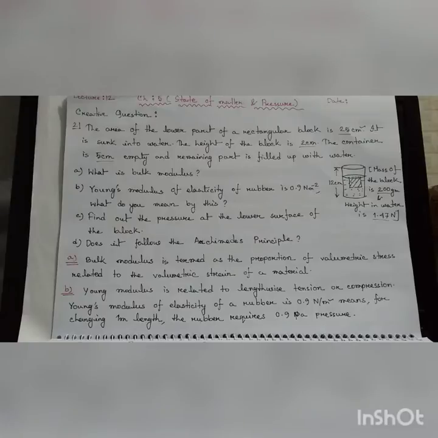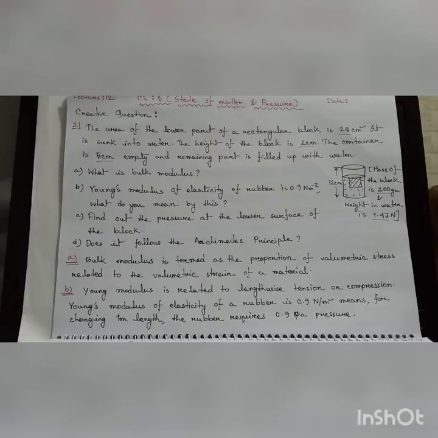So Young's modulus of elasticity of rubber is 0.9 Newton per meter square. We can explain in two ways. First of all, I can say that for changing 1 meter length, the rubber requires 0.9 Pascal pressure.